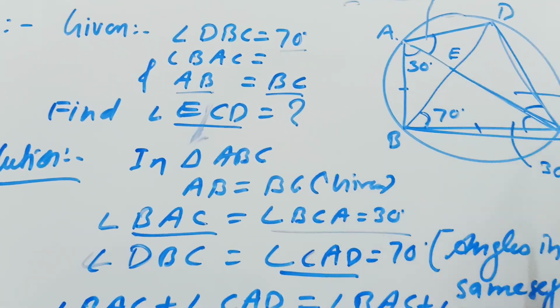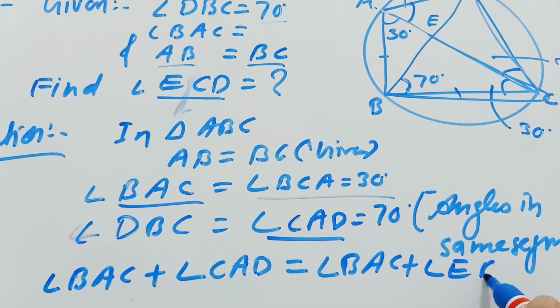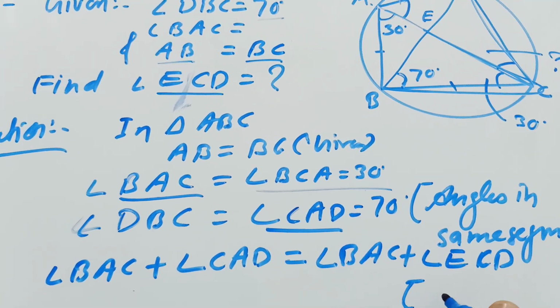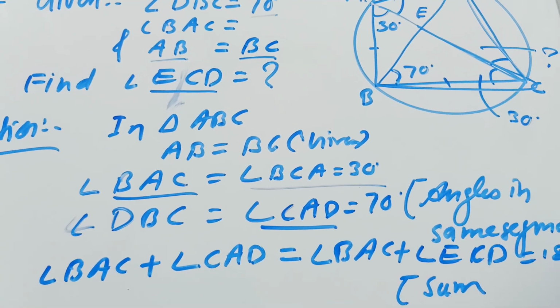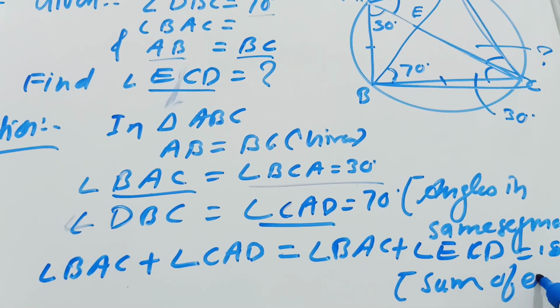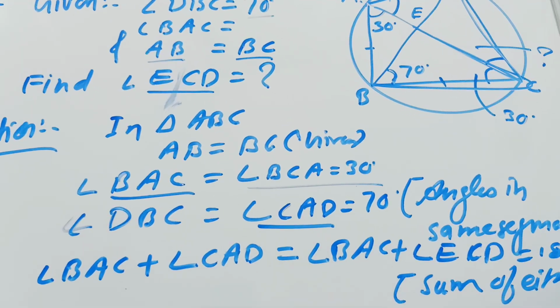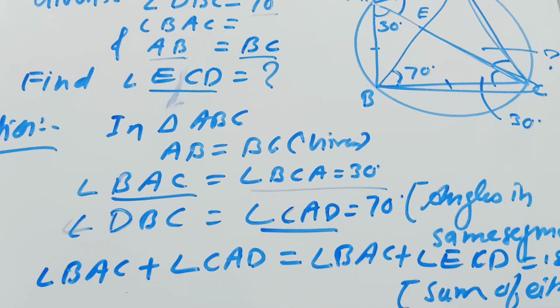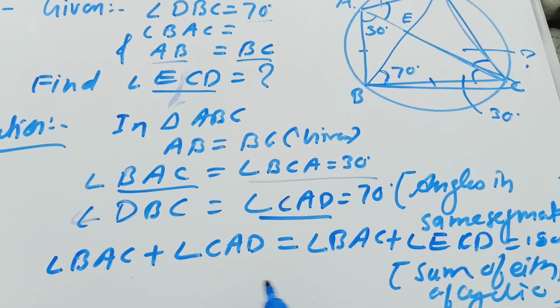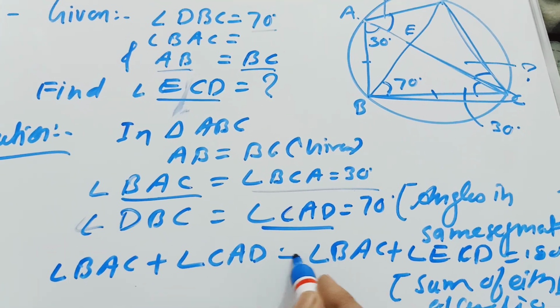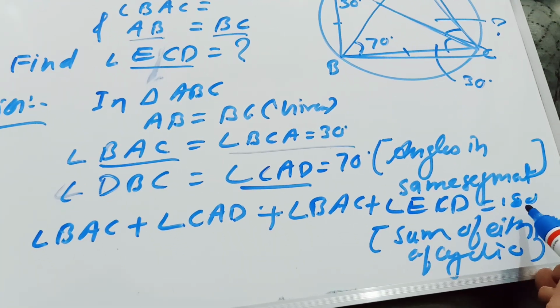So these are ECD. Here we will write the sum of these is equal to 180, the sum of either pair of opposite angles of a cyclic quadrilateral. So the sum of all these, I should put here sum, sorry, and that is equal to 180.